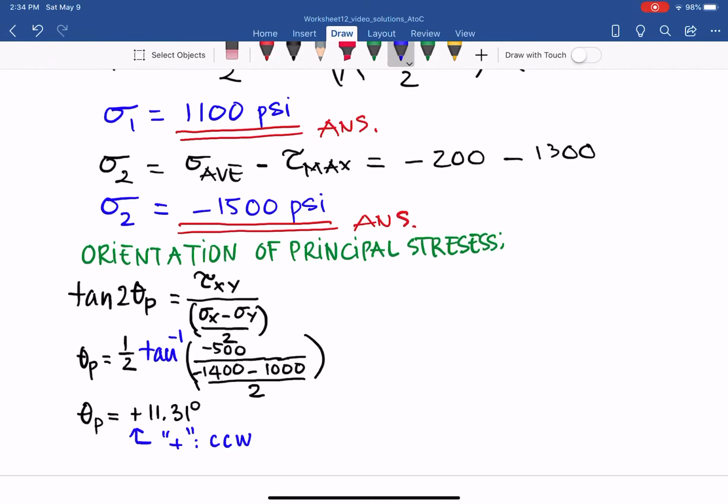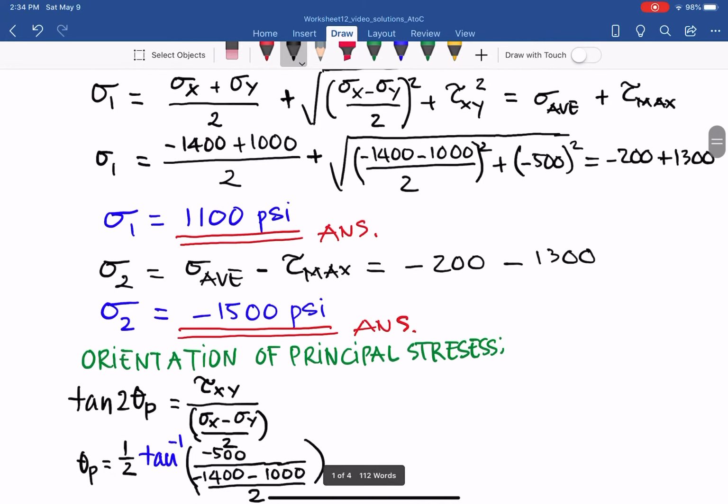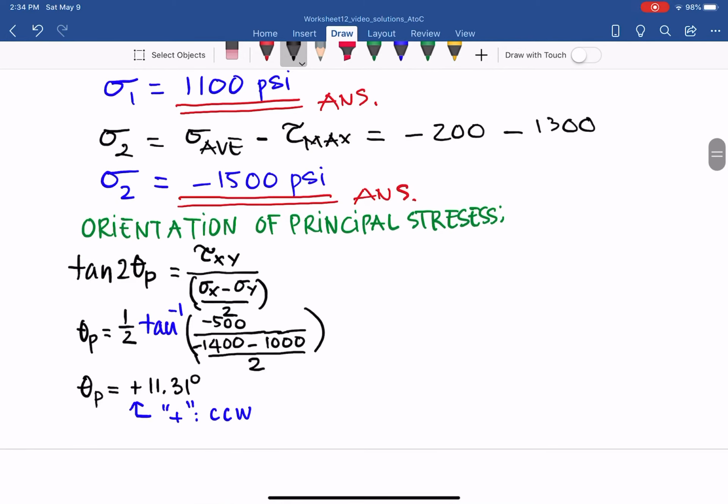So we have the block, 11.31 degrees. Let me make it a bigger block. 11.31 degrees, so you have that here.